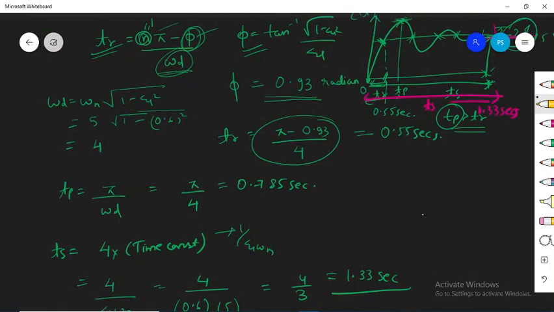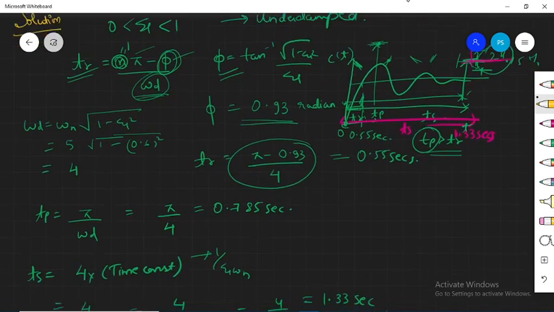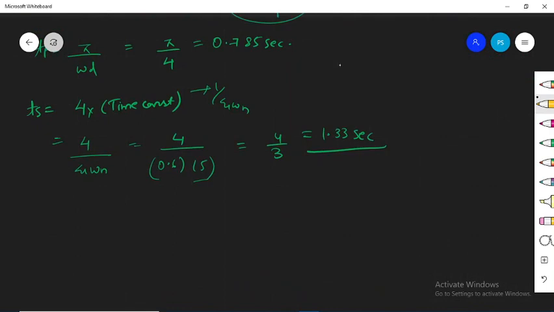Then the last thing mentioned in the question is that we have to find out the maximum overshoot for the system. And as you can see, it has been mentioned in the question that the system is subjected to unit step input.